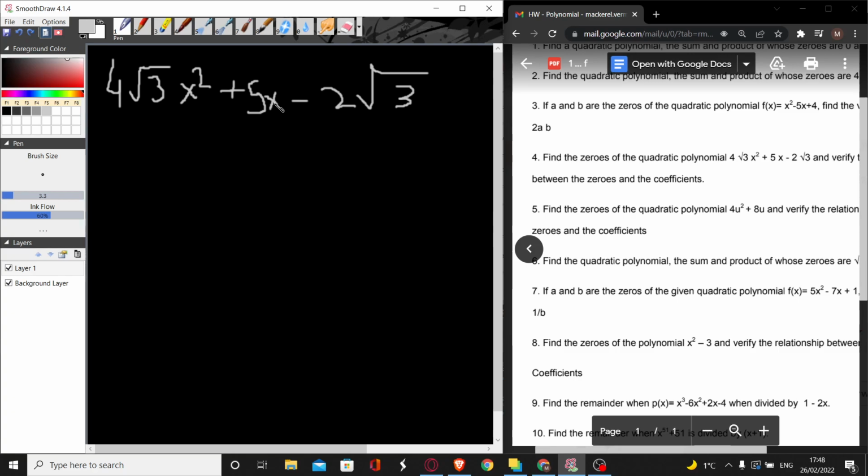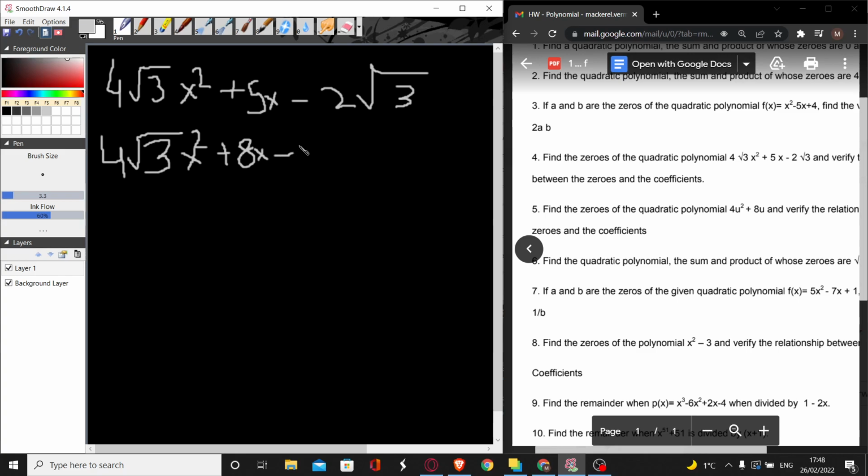So I am going to write this as 4 root 3 x square plus 8x. And the only reason I'm doing that is because 4 is a factor of 8.